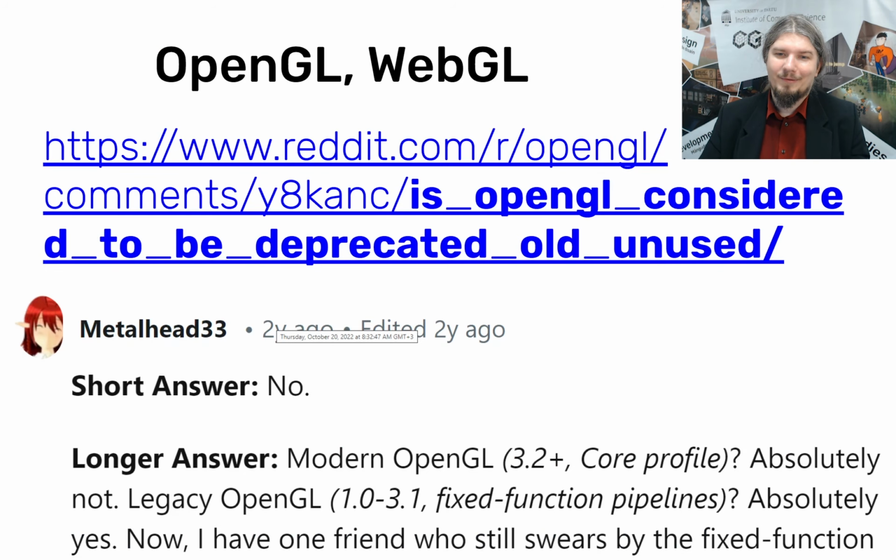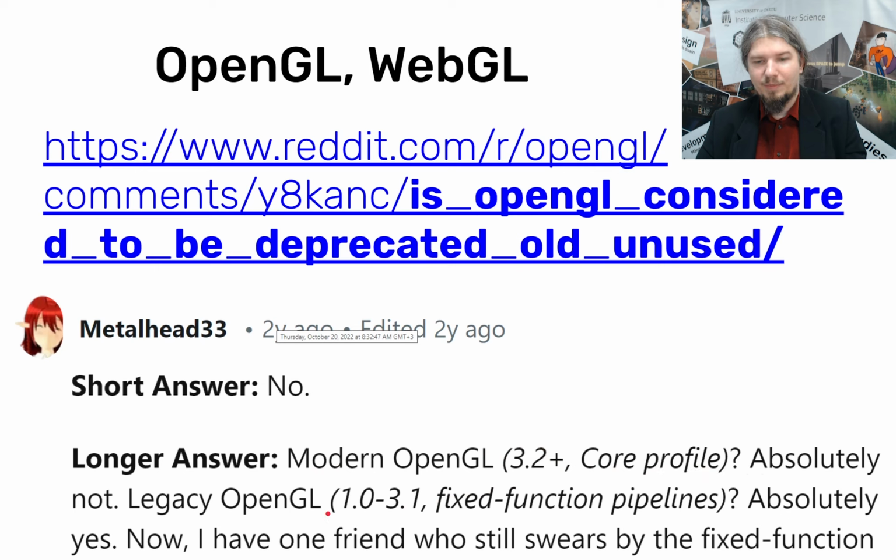So, for example, if you search about this, in this Reddit thread, "Is OpenGL considered to be deprecated, old, unused?", a few years ago this person answers no. They also point out that there is a difference in modern OpenGL, like 3.2 plus. So this is absolutely not outdated.